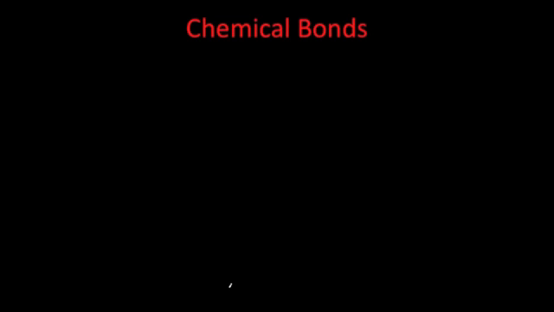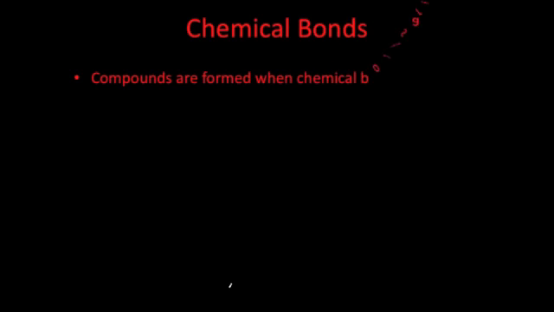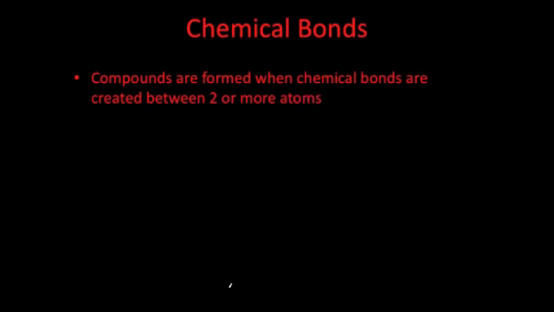Chemical bonds are when two or more atoms are either sharing electrons or they give or take electrons from one another. So compounds are formed when chemical bonds are created between two or more atoms. Chemical bonds form when electrons of two or more atoms are either lost or gained or shared between those atoms.